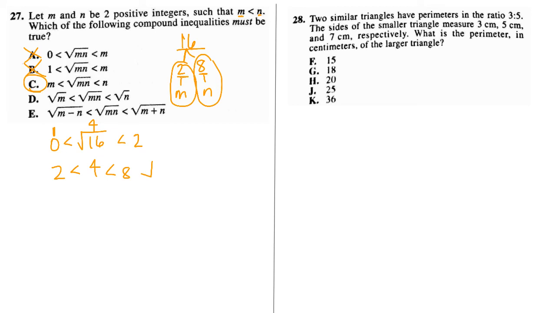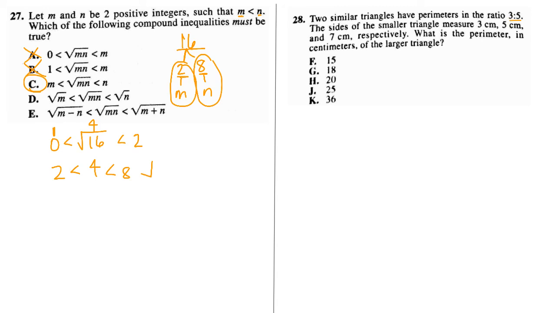All right, number 28. This one, we have two similar triangles, and they are set up in ratios of 3 to 5. The sides of the smaller triangle measure 3, 5, and 7. What is the perimeter in centimeters of the larger? So really, what we can do is set up some kind of ratio here.